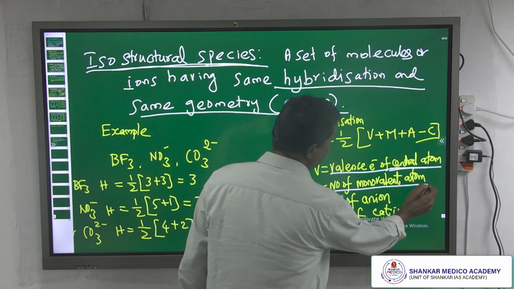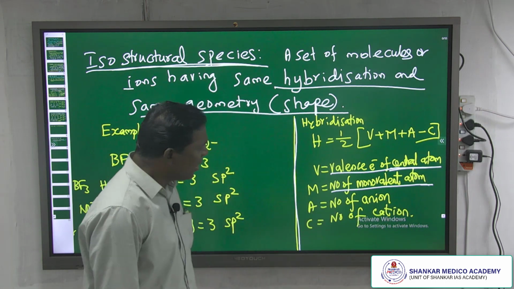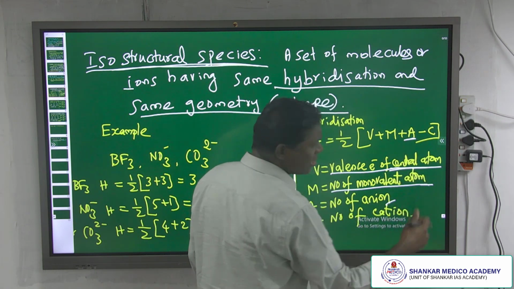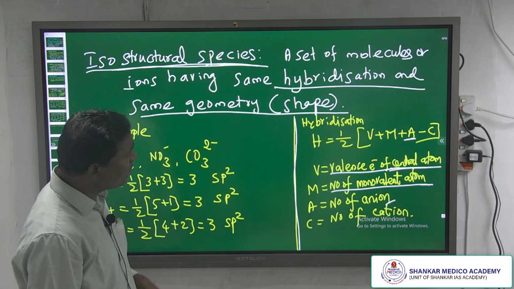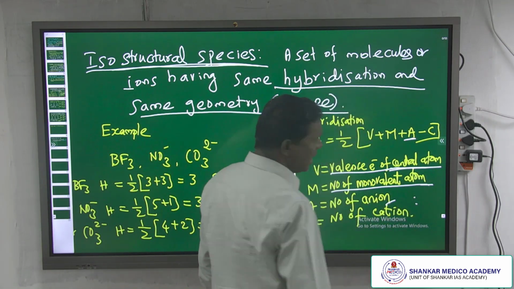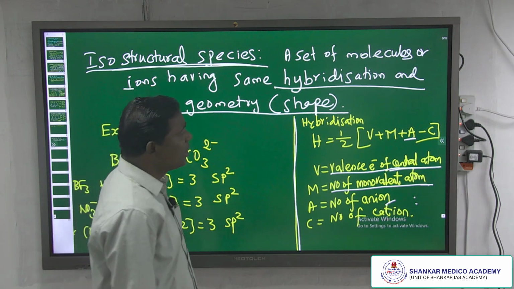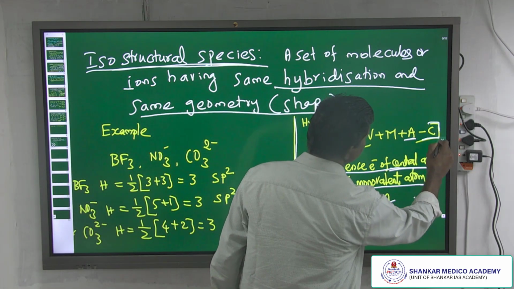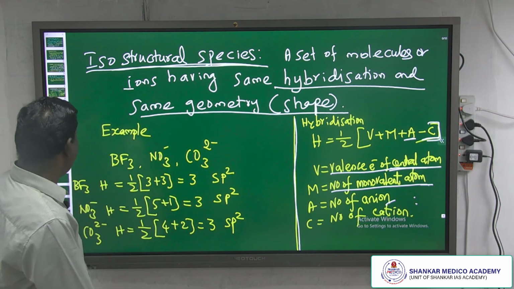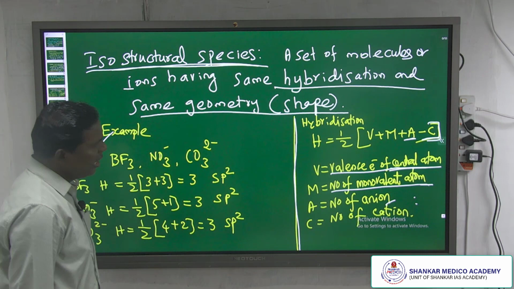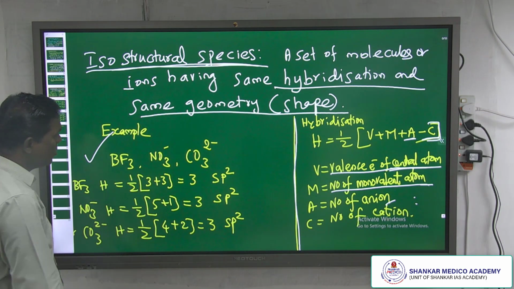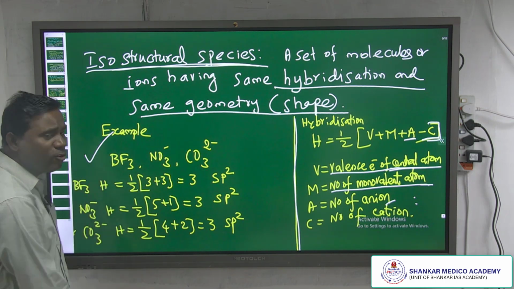A is the number of anions and C the number of cations. The number of anions should be added, because each contributes 2 electrons to make one bond. A cation means there is a shortage of electrons, that's why you have to subtract the number of positive charges. Now it is easy to apply this hybridization formula to some set of molecules. Let us say boron trifluoride.